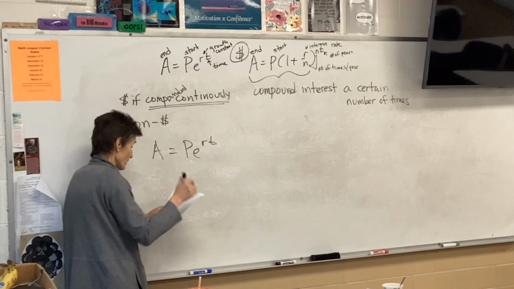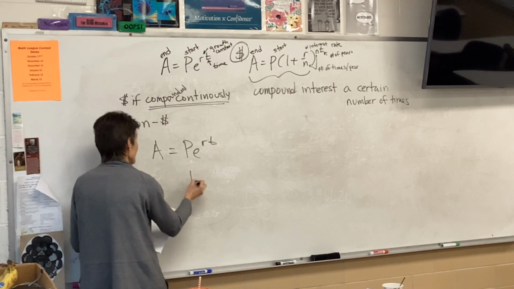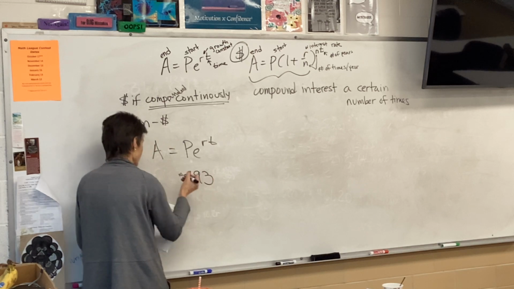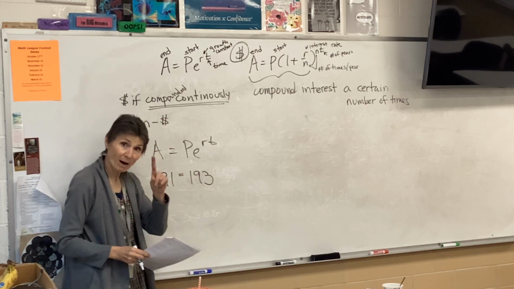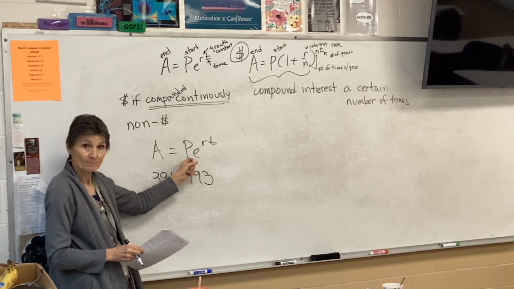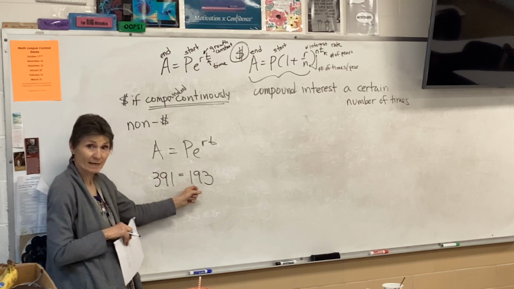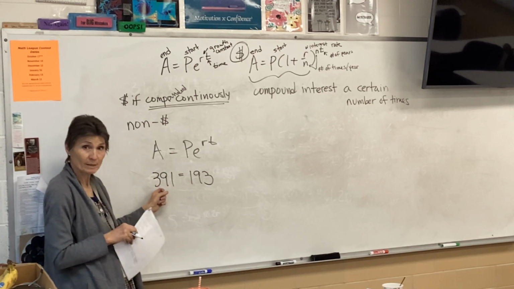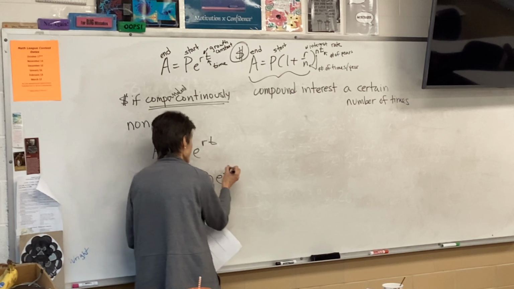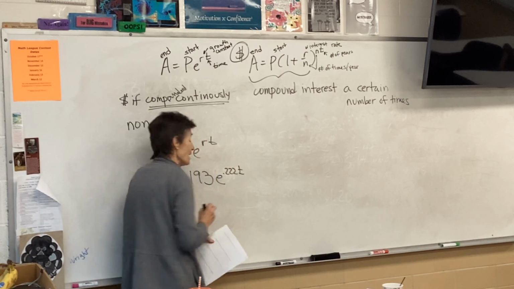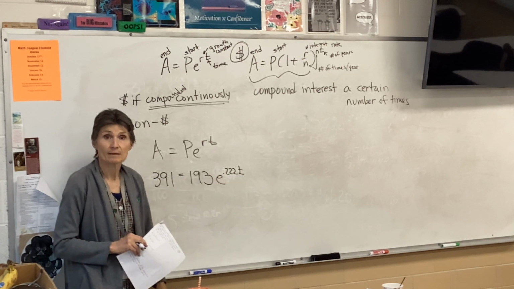So here we go. How long will it take for 193 to grow into 391? Keep in mind, start, end. I'm starting with 193, ending with 391. Their growth constant is 0.222, and I want to know how long it's going to take.